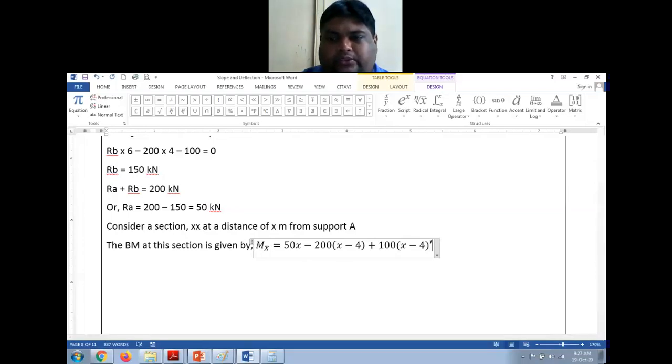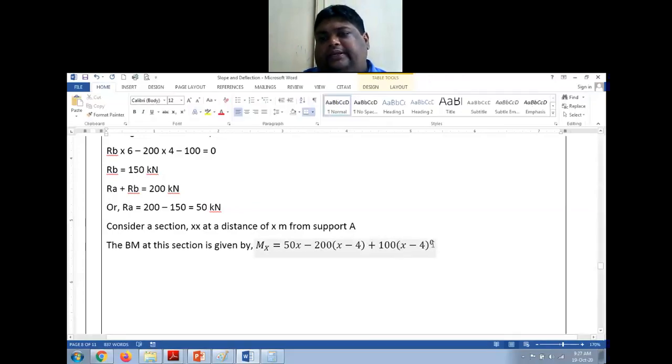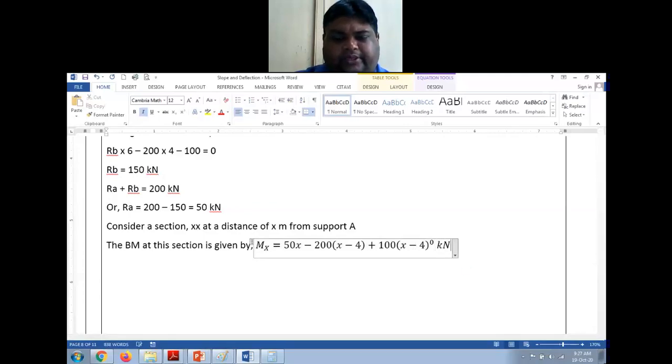So what I will do is, I will raise this to power 0. Anything raised to power 0 is equal to 1. So 100 into 1, it is not changing any meaning, right? So just keep it like this. This will be kilonewton meter.